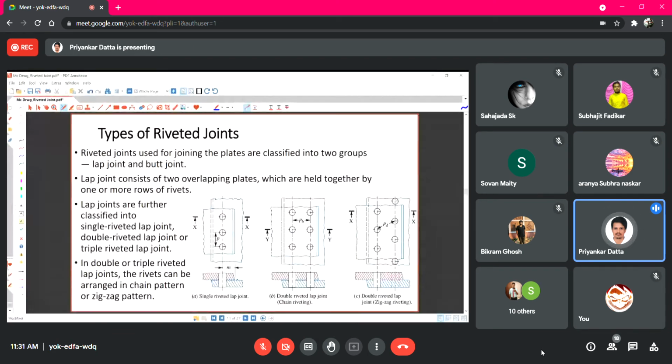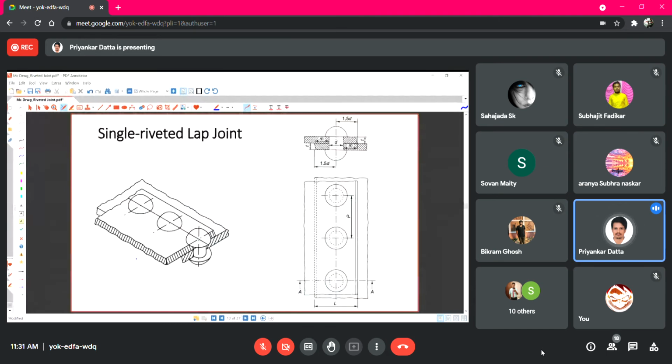Now, moving on to the types of riveted joints. There are two types: lap joint and butt joint. Now in a lap joint, what happens? We use both the plates that are to be joined, and one is wrapped over the other. Let me show you the isometric view so that it is further clear to you.